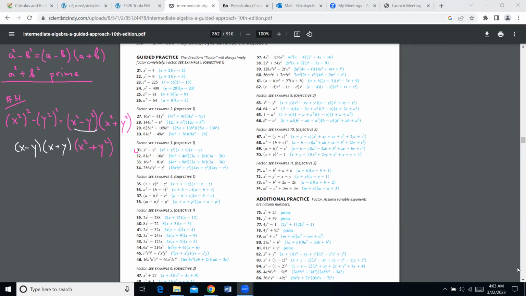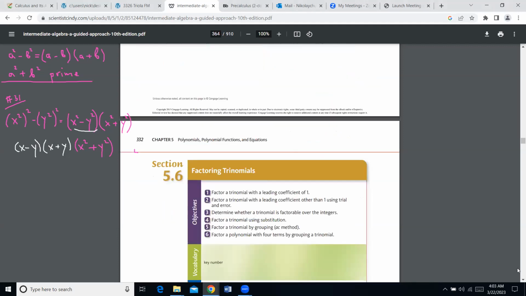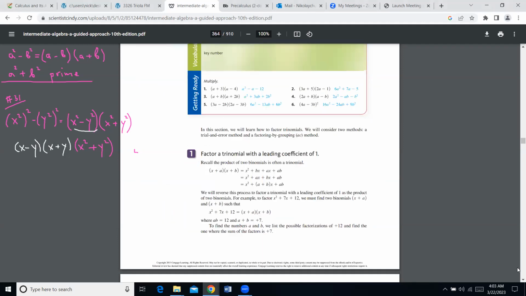So I'd like to move to the next section and see the other kinds of factoring that they provide us with here. For example, they show how to factor a so-called trinomial, which is a polynomial with 3 terms. The way we factor is we look at the first term and the last term.